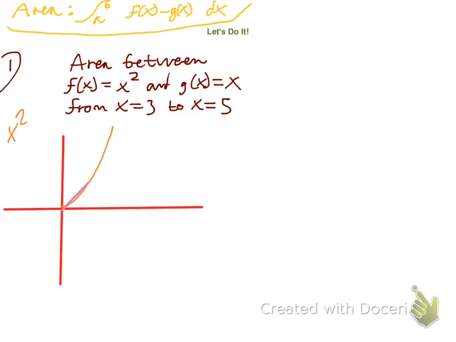Here is g of x equals x, something like this. And x equals 3 to x equals 5, let's say that is here to here. 3 to 5. So if we were to actually draw this, this is what we would see.